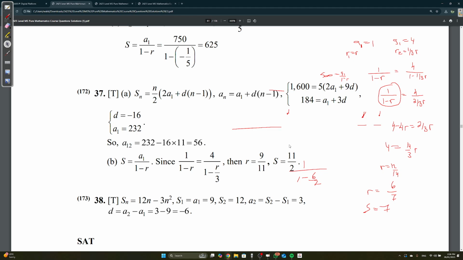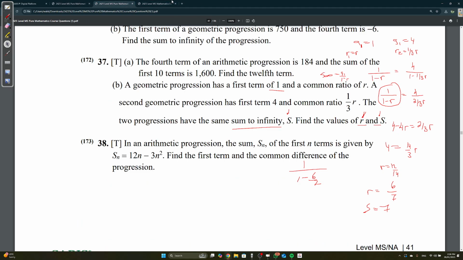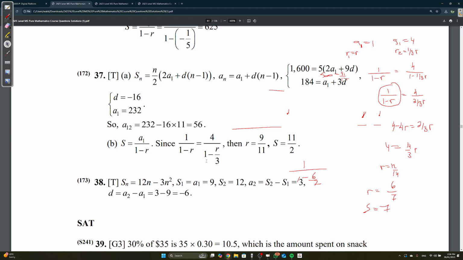Let's see here, what's the answer? That's not what I got. Hold up, what did I do now? 1 minus r over 3. Yeah, I know, I'm stupid. This is what happens when you try and be a smart aleck. It's 1 minus 1 over 3r. I don't know how I got 2 over 3r.